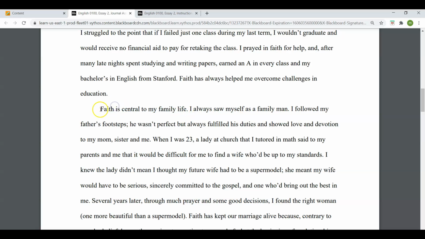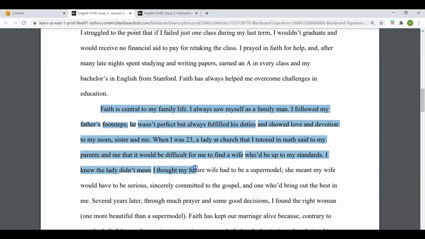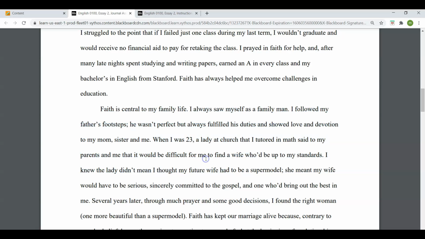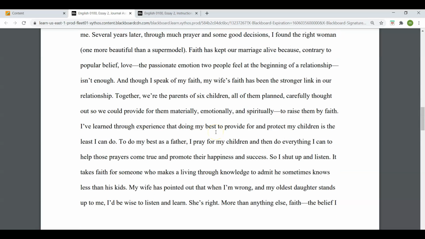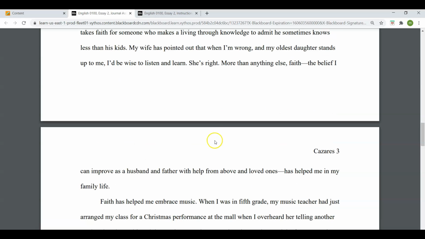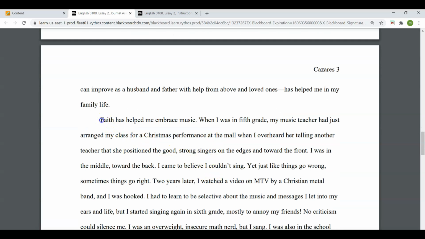But once a topic sentence starts being this long, comma, blah, blah, blah, comma, blah, blah, blah, comma, blah, blah, that's what I see, students. Put a period on it and then start your next sentence with your blah, blah, blah. I just don't understand why people don't do that. Okay, I just don't get it.